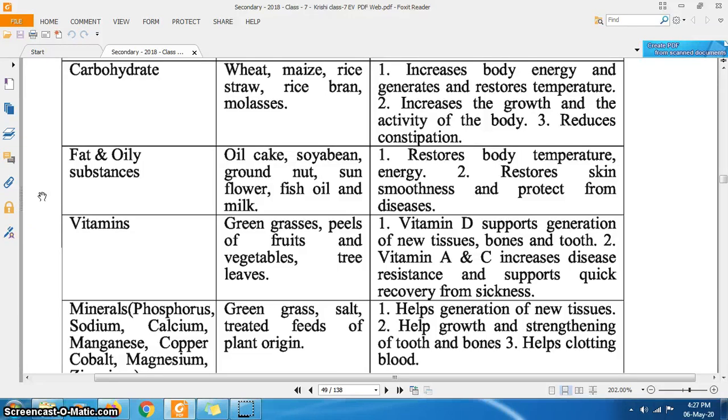Sources of vitamins are green grasses, peels of fruits and vegetables, tree leaves. Function of vitamin: vitamin D supports generation of new tissues, bones and teeth. Vitamins A and C increase disease resistance and support quick recovery from sickness.